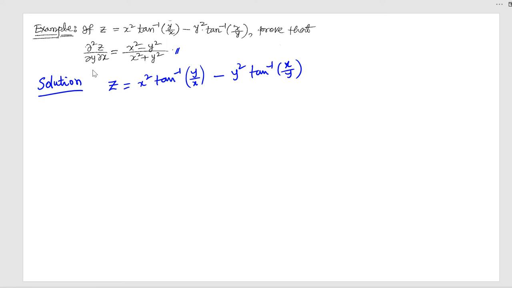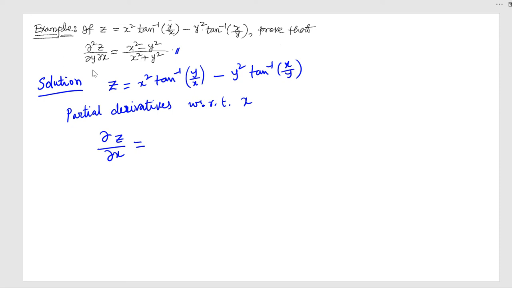So differentiate with respect to x, the partial derivative. We will get, with respect to x, here.